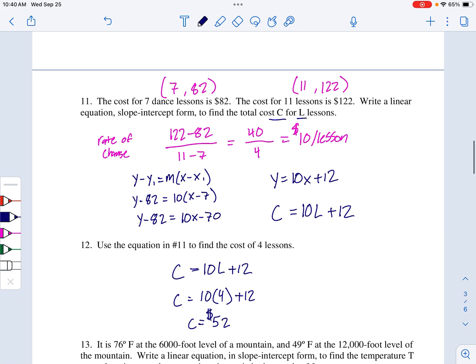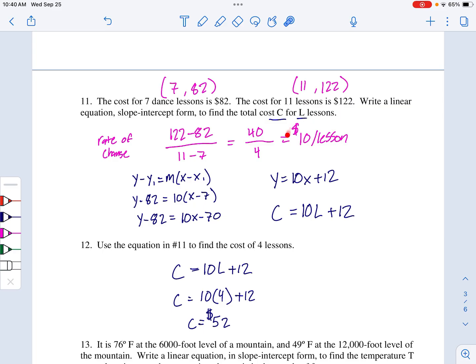So in general, these are going to be your harder problems, but what you're doing is you're finding the rate of change. So for us, we went from 7 lessons to 11 lessons, so that was 4 lessons. And our dollars changed from 82 to 122; it went up $40. So you're thinking through, okay, it costs $40 for 4 extra lessons. That's $10 a lesson.